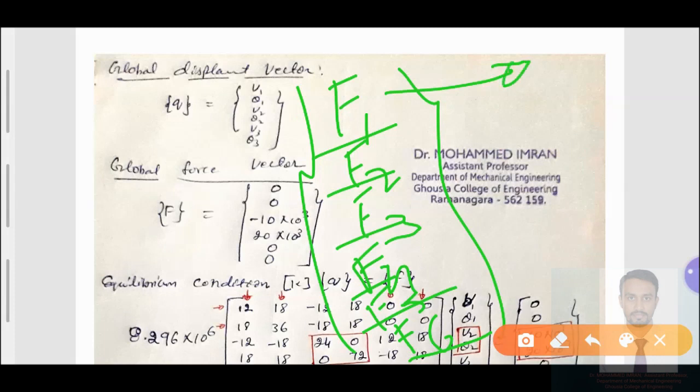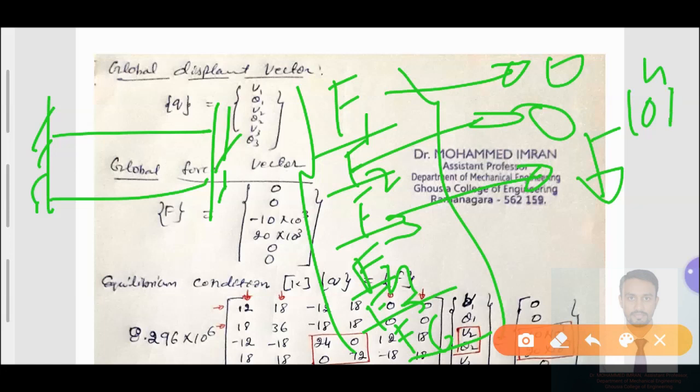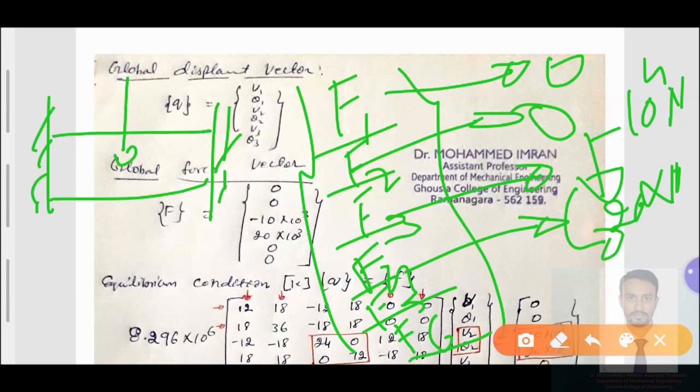This is equal to 0. Why? It is fixed at the first end, and this F2 is equal to 0. Then this force has been applied vertically downwards, minus 10 to the power of 4 Newton, at node number 2, and then we have a moment in a clockwise direction, equal to 20 into 10 to the power of 3 Newton meter.